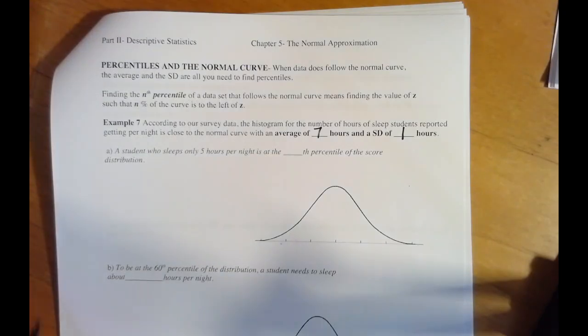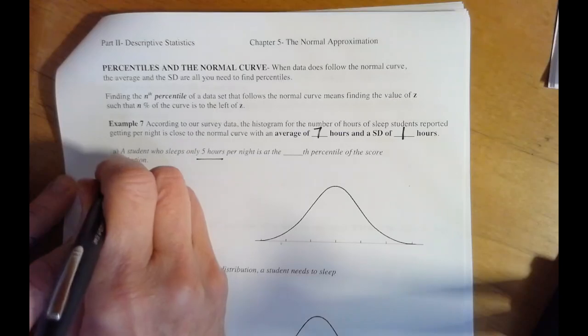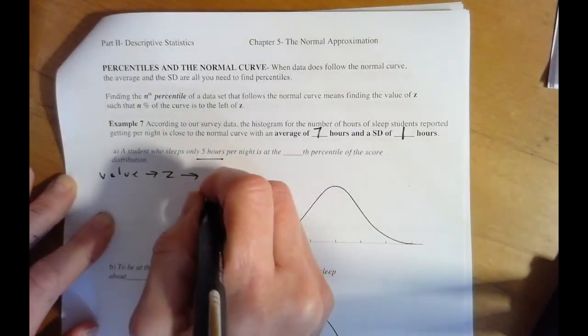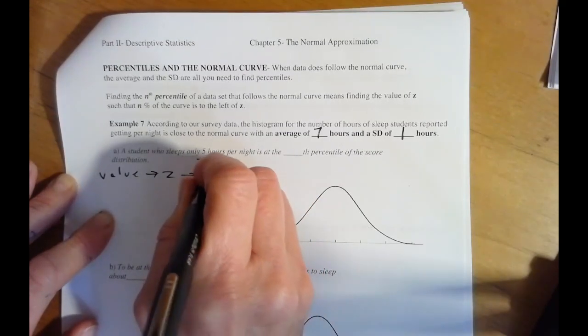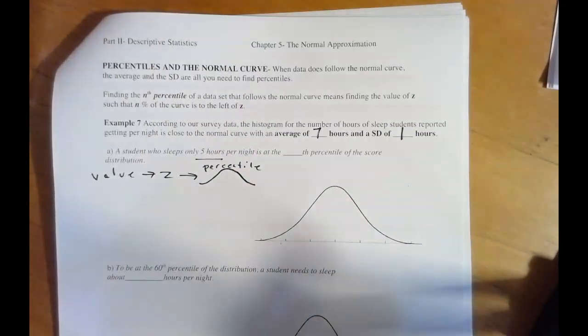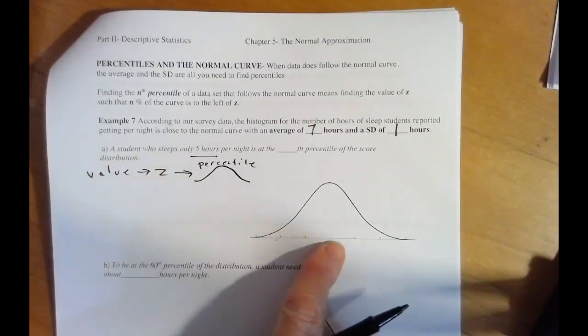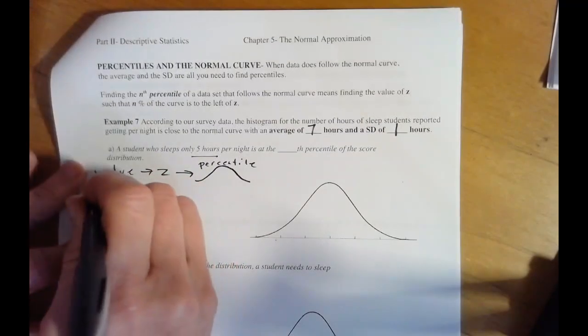So a student who sleeps only 5 hours, that's the value, is at what percentile? So nothing new here. We're just going from the value to the z-score to the percentile, which is just the area on here. And all we really have to do here, once we get a z-score, we can place it on there. So we just want to convert the value to a z-score as usual.